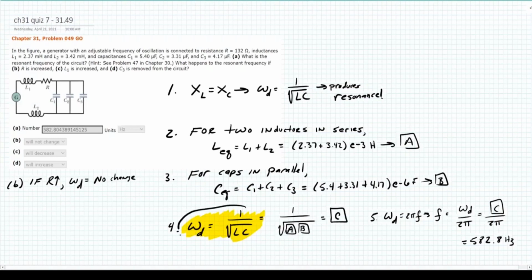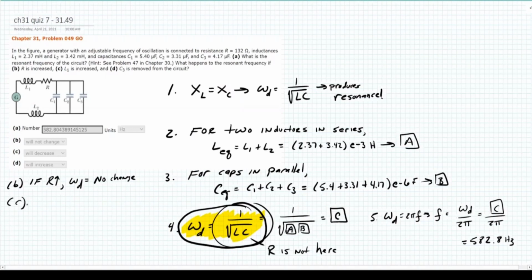Because right here, you don't see any dependency on R. R is not here. Resonant frequency is only a function of the capacitor and the inductor, as you can see here. Resonant frequency is a function of inductance and capacitance. All right, so that's part B.